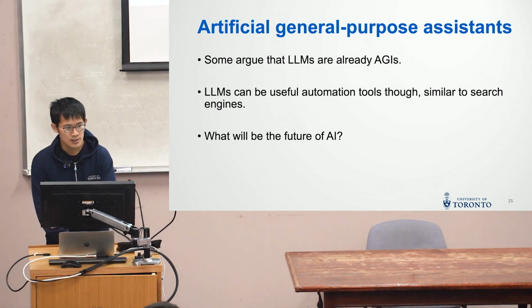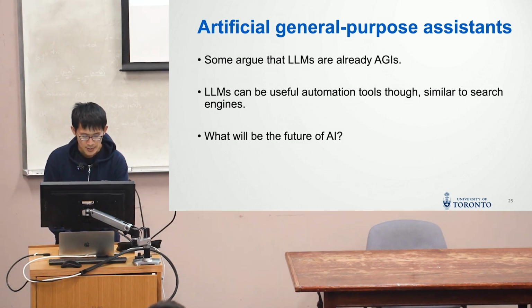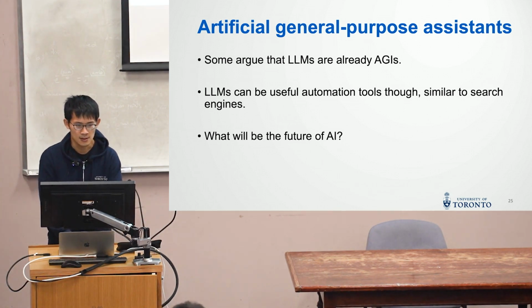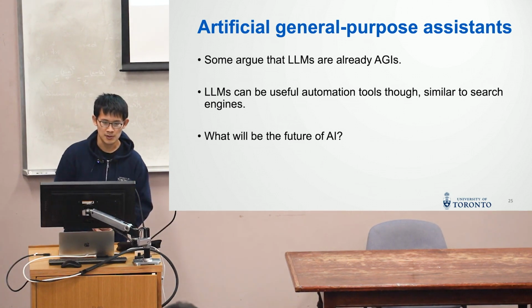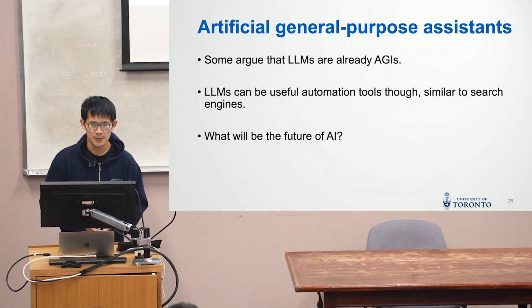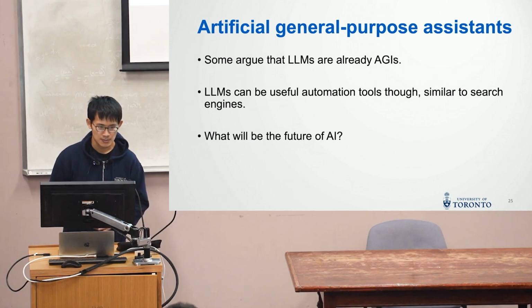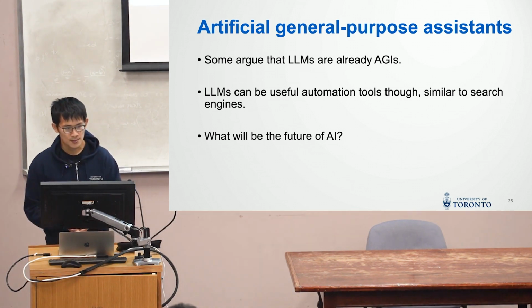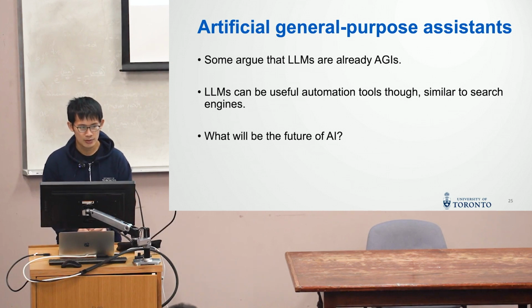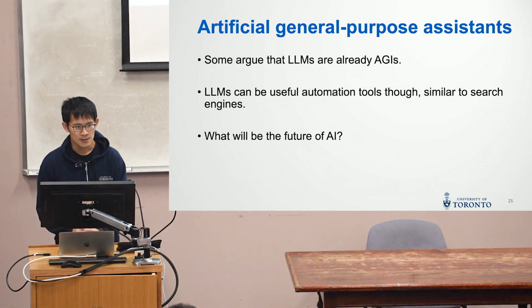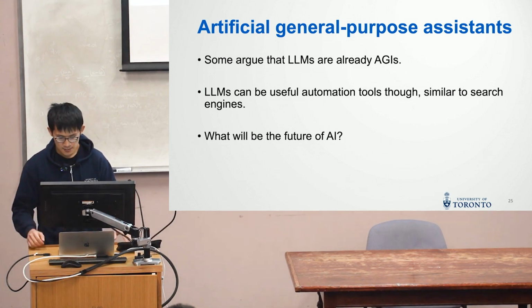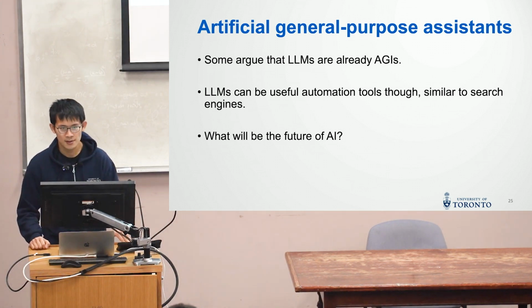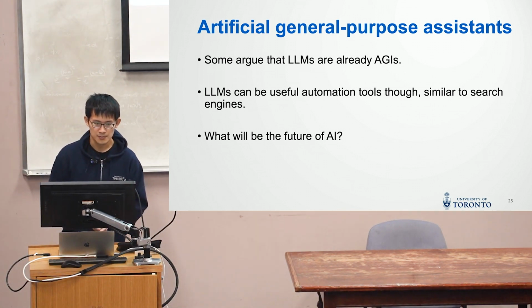There are some debates and claims about whether large language models are strong AIs or general purpose intelligences. In my opinion, they can be very useful automation tools. And whether large language models are AGI or not is a topic that remains purely on paper.